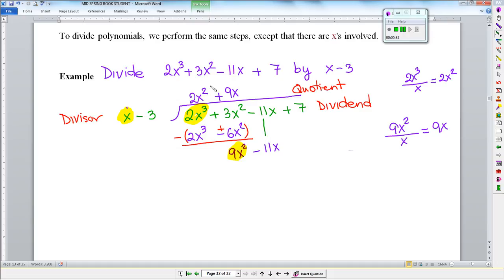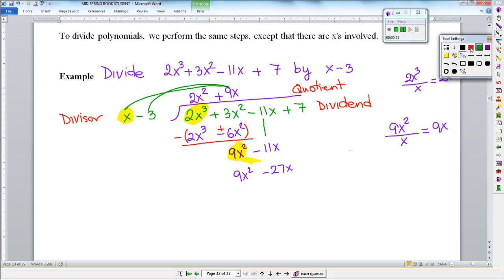So 9x times x is 9x squared, and you put the product right below. Then 9x times negative 3 is negative 27x. Put parentheses around the products and put the minus sign.